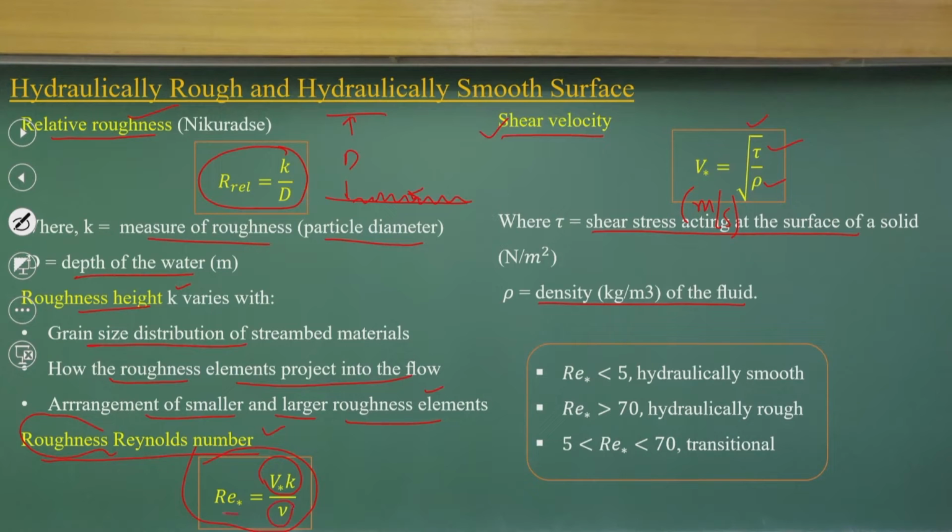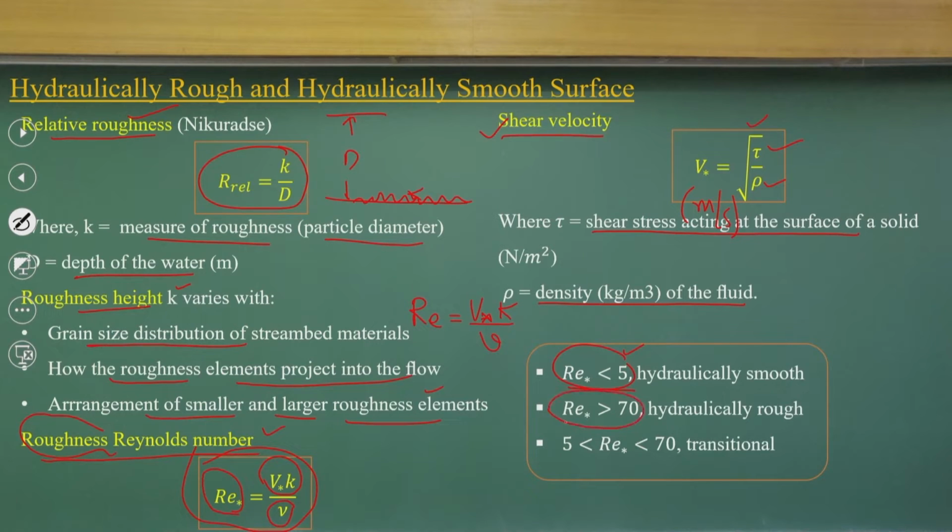We can compute the roughness Reynolds number, V star times k, where k is the roughness height, divided by the kinematic viscosity. If we have a hydraulically smooth bed, this value will be less than 5.